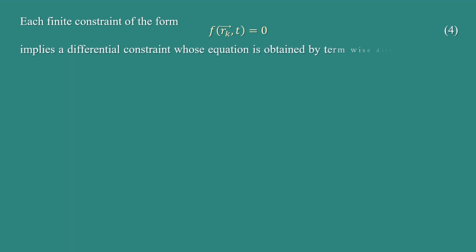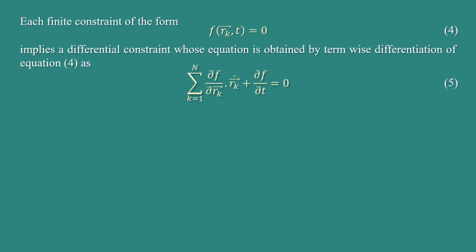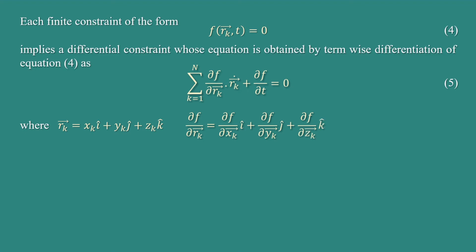It implies a differential constraint whose equation is obtained by term-wise differentiation of equation 4 as summation k goes from 1 to n del f by del rk into rk dot plus del f by del t equal to 0. So this is equation number 5, where vector rk is equal to xk ik plus yk jk plus zk kk, and del f by del rk equal to del f by del xk ik plus del f by del yk jk plus del f by del zk kk.